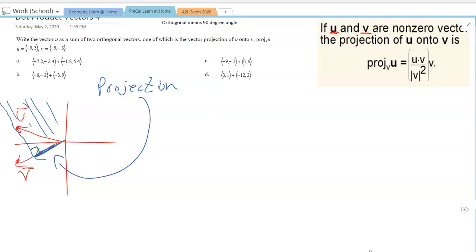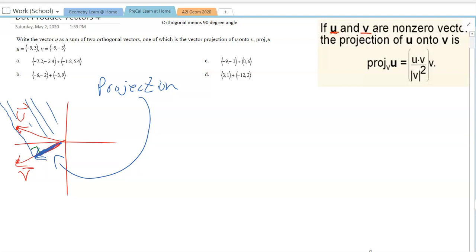All right. Same thing on this one. It asks us to write the vector u as a sum of orthogonal vectors, one of which is a projection. So same thing, you can see in red here, I drew vector u at negative 9 and then 3. Negative 9, negative 3 is vector v, and if I'm projecting u onto v, we have our blue perpendicular projection, that shows we're going to end up with this projection right here.